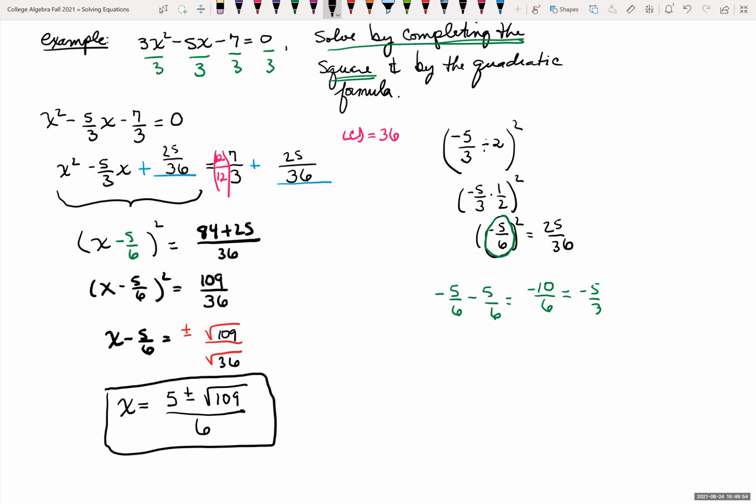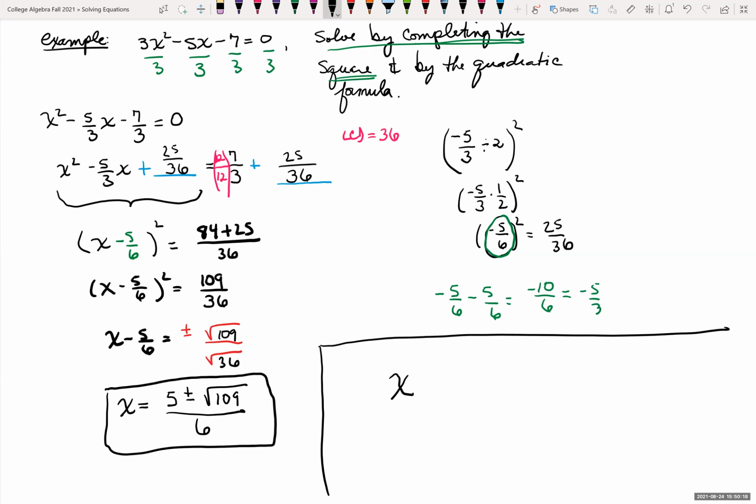Okay, so that was completing the square. The quadratic formula is so much easier, so let me just teach you. I might be slaughtering it a little bit, but this might help you memorize the quadratic formula if you don't already have it down.